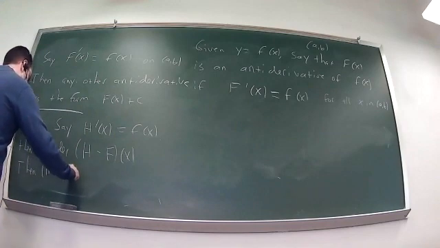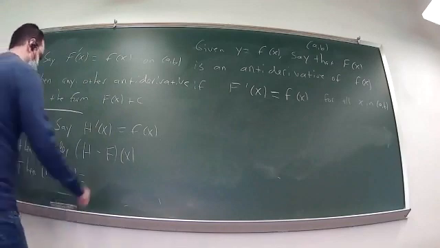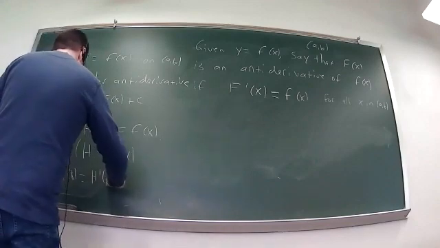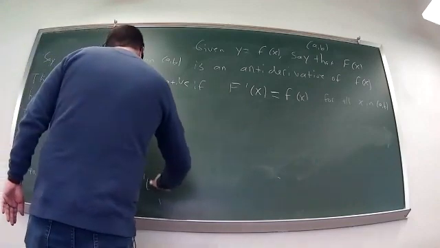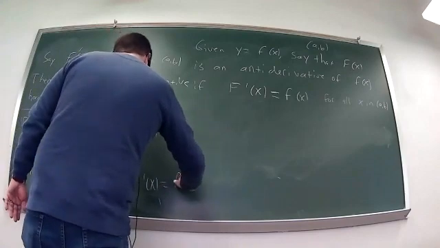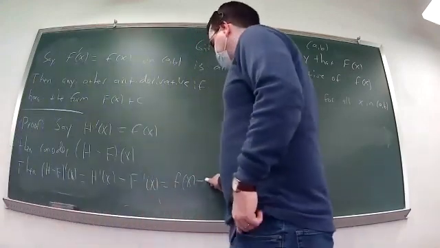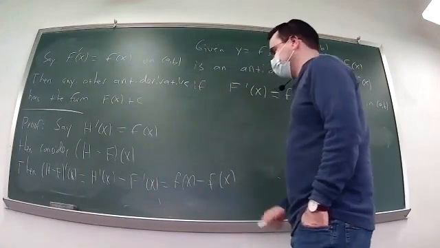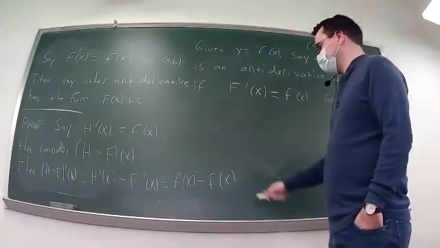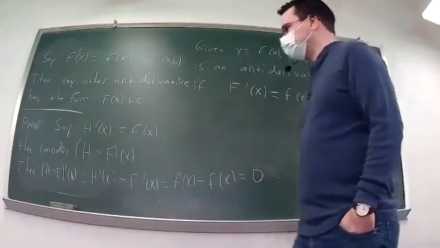I've got a function, I take its derivative, and that's equal to h prime minus F prime, which is equal to little f minus little f, because they're both antiderivatives of the same function, and that's equal to 0.